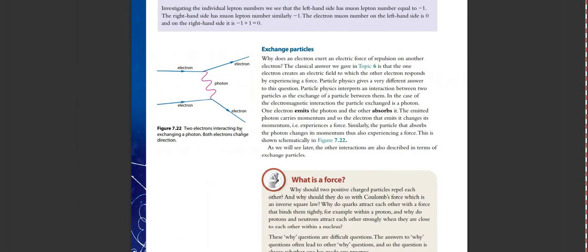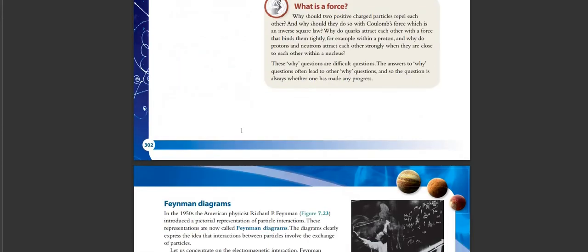That's essentially what happens if you look very, very closely, because by Coulomb's law things can never touch each other since they always repel. And that's where the exchange particles come in.